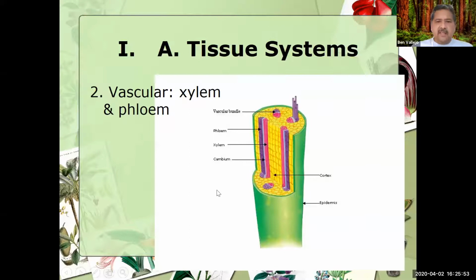You'll see here in this diagram, the red structures are the xylem tissue. The xylem carries the water generally up the plant, and the phloem carries the food down from the top of the plant downward through the stem to the roots possibly.